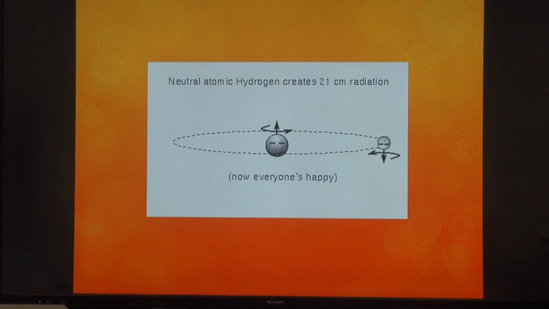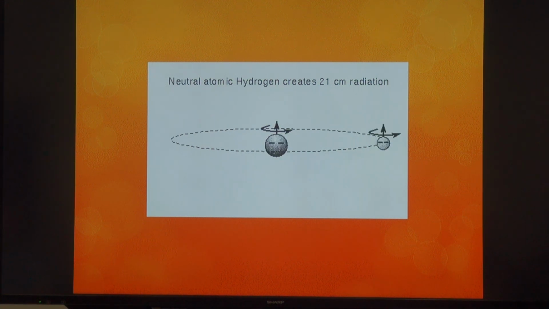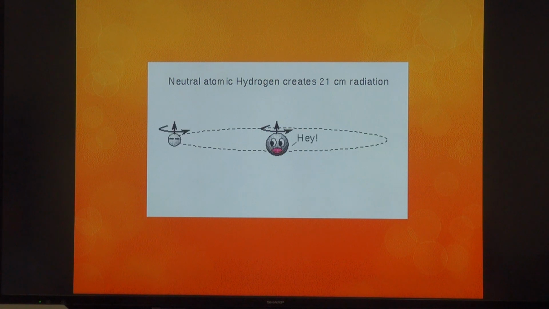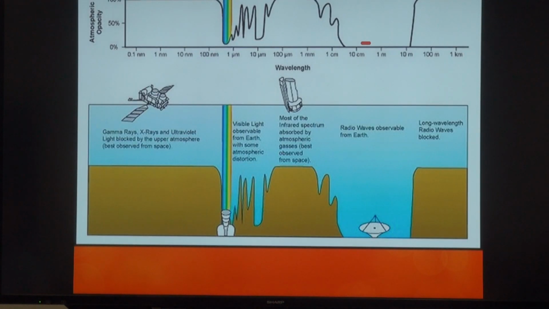And it does that at a specific frequency. Every element has its own frequency, and that's why they're all identifiable. This is interesting because it tells us why we can look where we want to look.